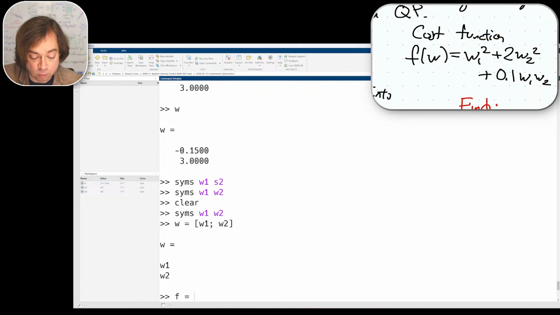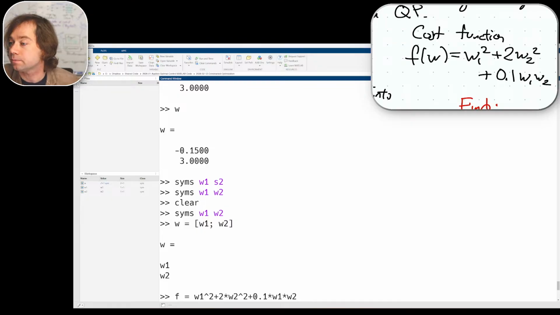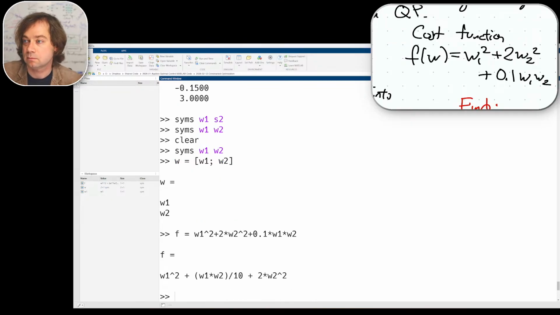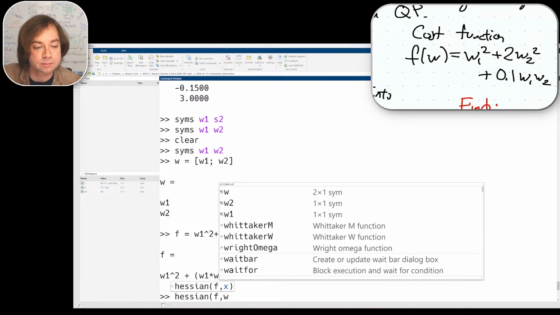It is equal to W1 squared plus 2 times W2 squared plus 0.1 times W1 times W2, right? Okay. I can say, hey, what is the Hessian of F with respect to W?